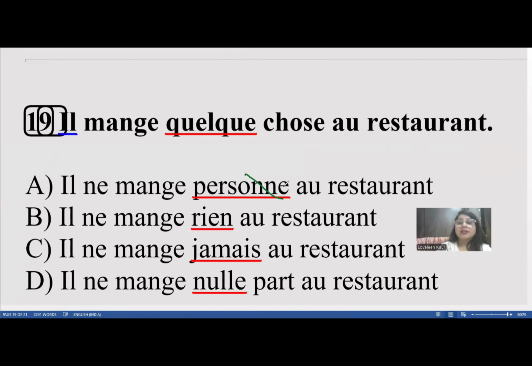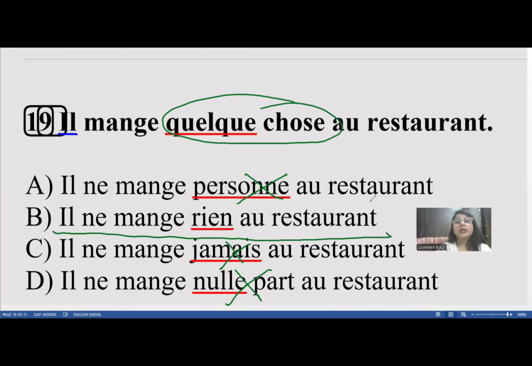So personne is a wrong option. Jamais is a wrong option. Nulle part is a wrong option because it's given quelque chose, that is something. Il mange quelque chose au restaurant. He eats something at a restaurant. So of course, negative sentence is il ne mange rien au restaurant. He doesn't eat anything at the restaurant. Alright, so B part is the right option.